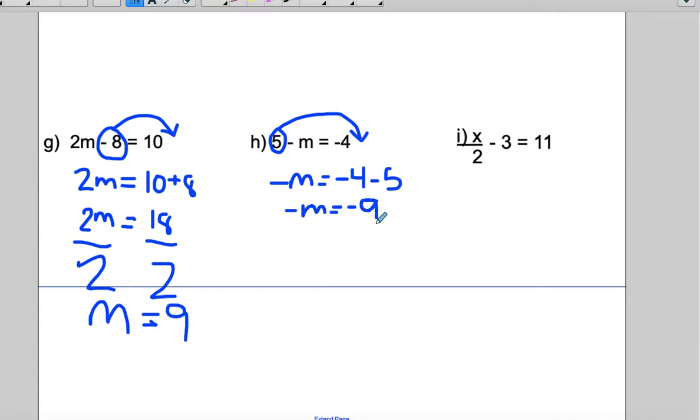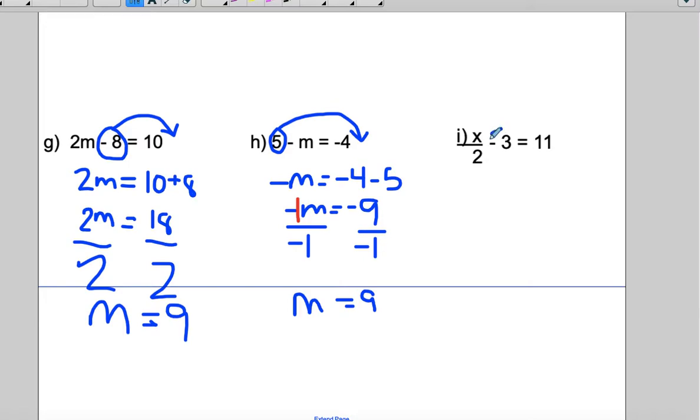But we can't have the variable negative at the end. So we assume that because this is negative, it's a negative 1 that's in here. To isolate m, you do the same thing that you would if it was a different number than 1. You divide by the coefficient of negative 1. So this would leave us with m is equal to 9.